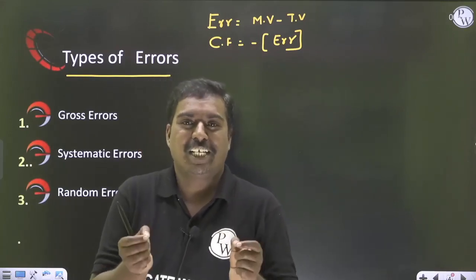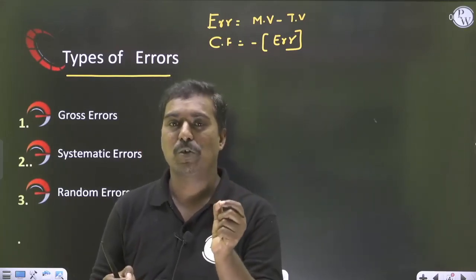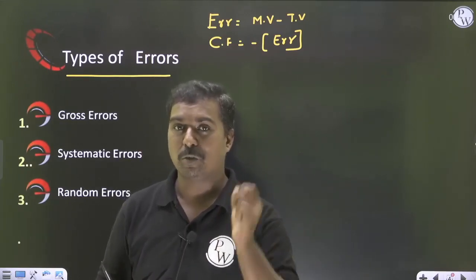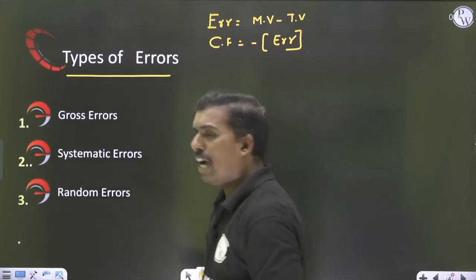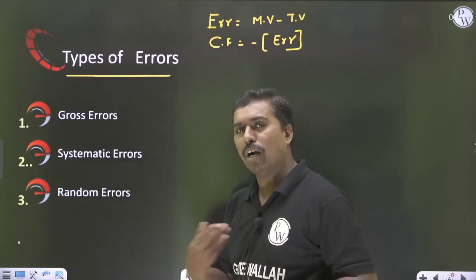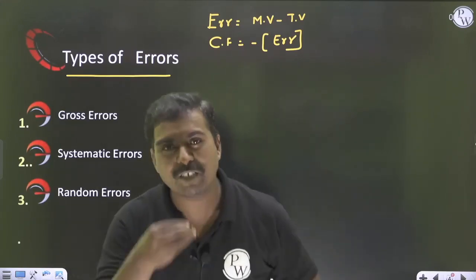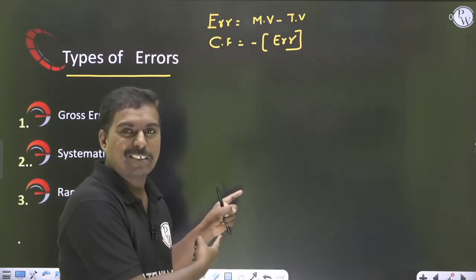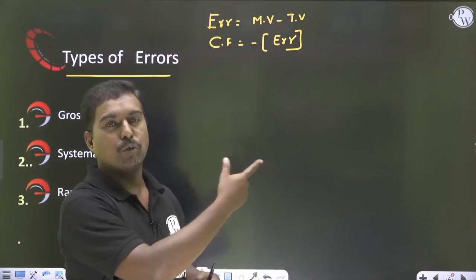Don't think it is a theoretical topic we'll skip, because recently in some of the latest GATE papers we are getting questions on this, so you should have some basic idea. If you want to enter into the problems, just wait for 10 to 15 minutes. First let me complete this theoretical explanation.